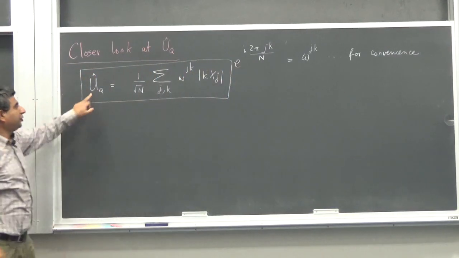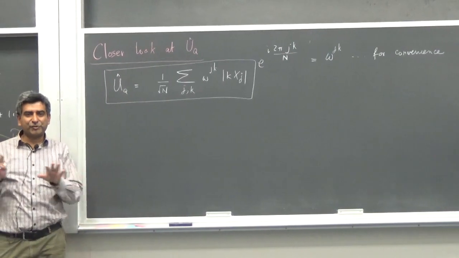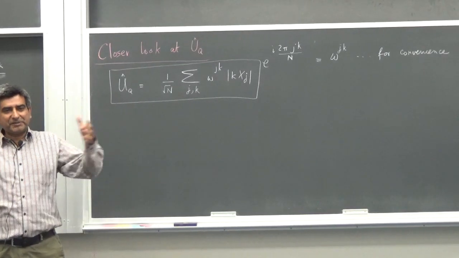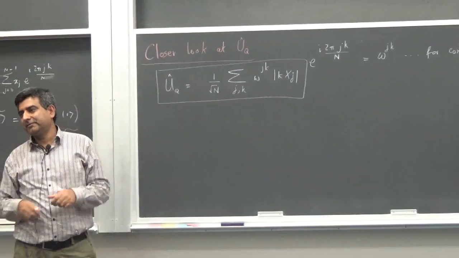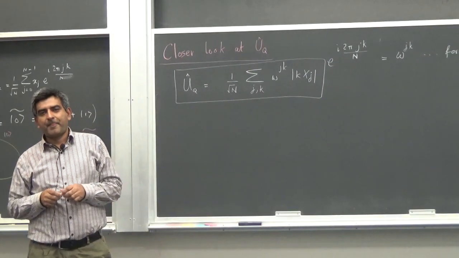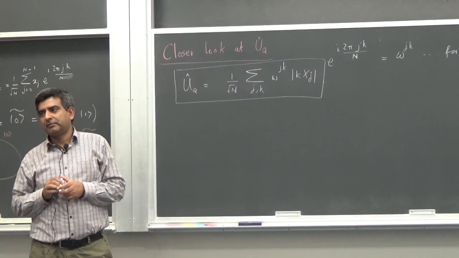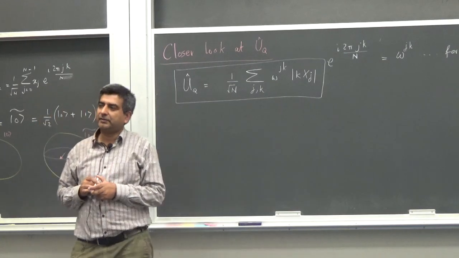First of all, U must be an operator, correct? Because U is taking a ket and transforming it into another ket. So it must be an operator. And what should the size of this operator be? How big should this operator be? As big as the vector. So how big is the vector? How many entries does it have?